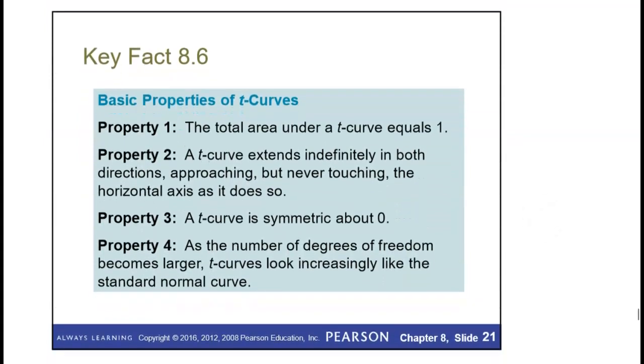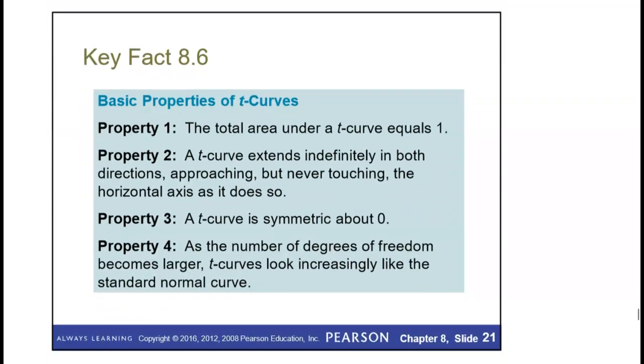We have this new curve now called a t-curve. The t-curve looks very much like a z-distribution, with one major difference that we're going to get to in a second. T-curves came up for a couple different reasons.